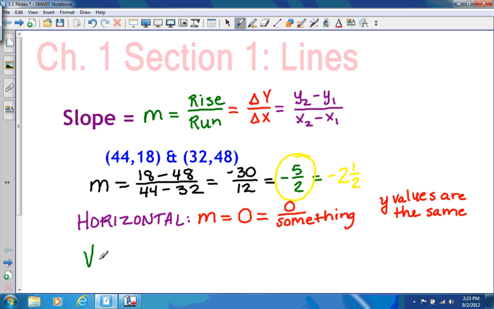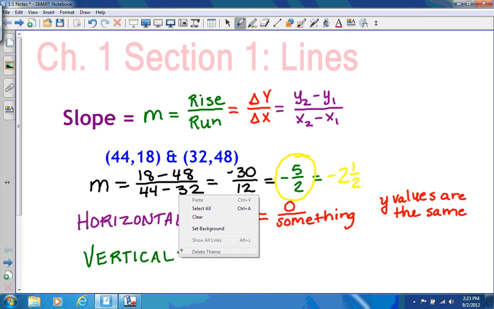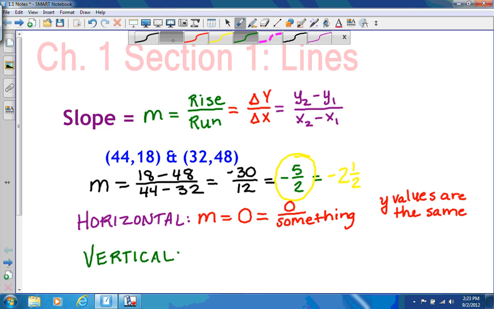If our line is vertical, then we have a line where the slope is undefined.